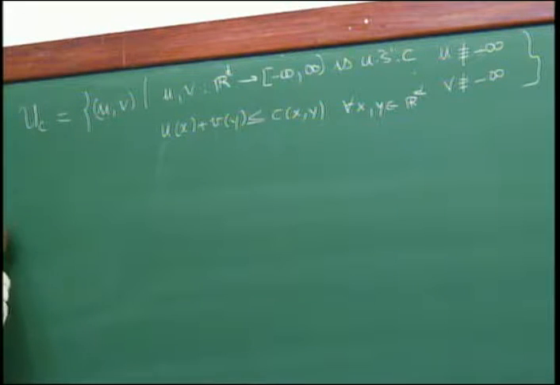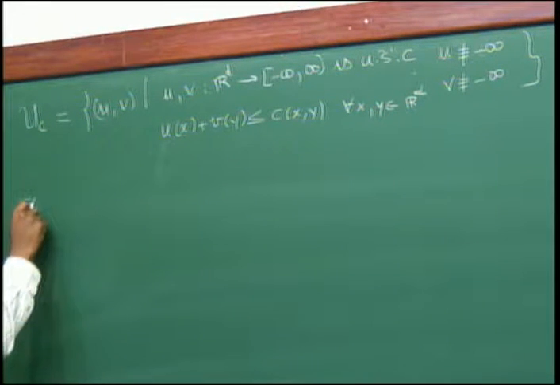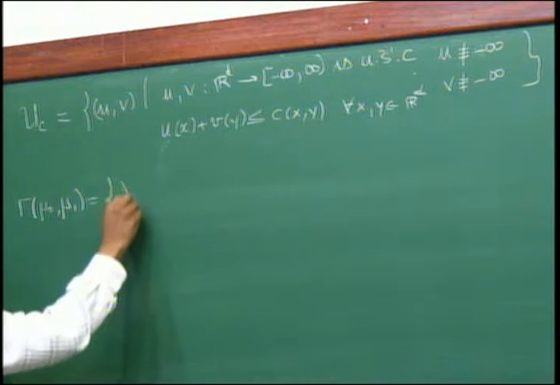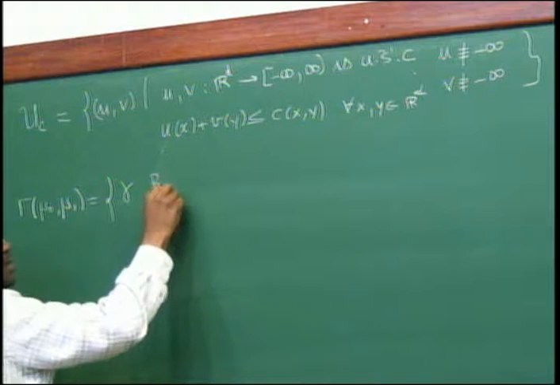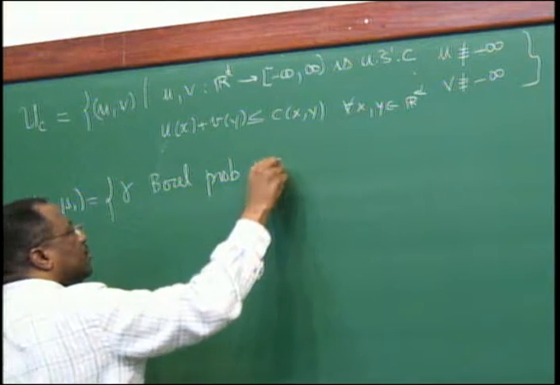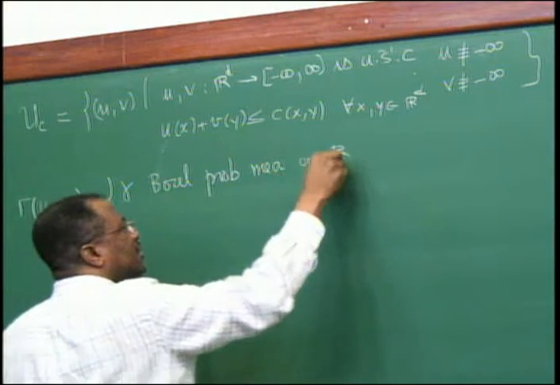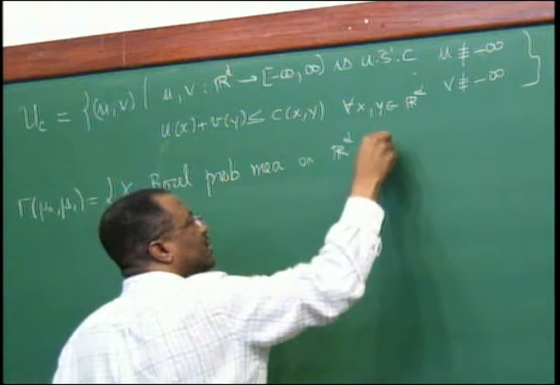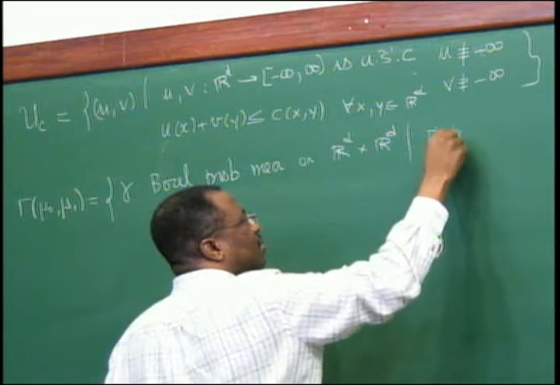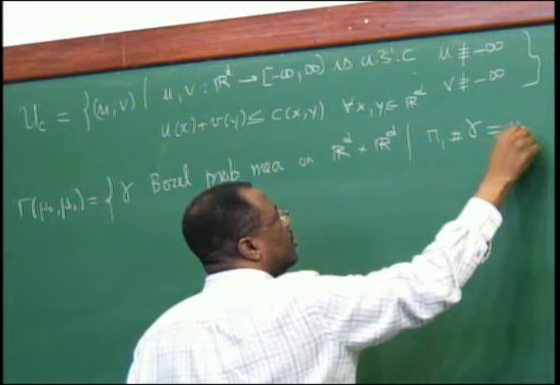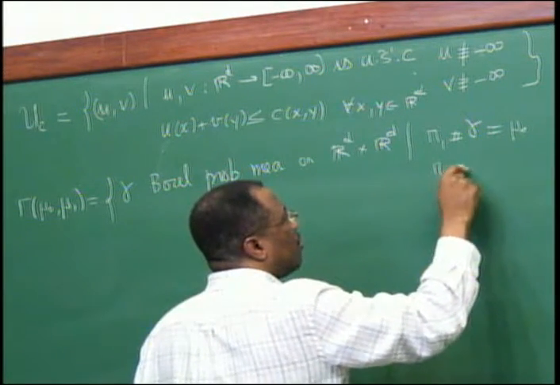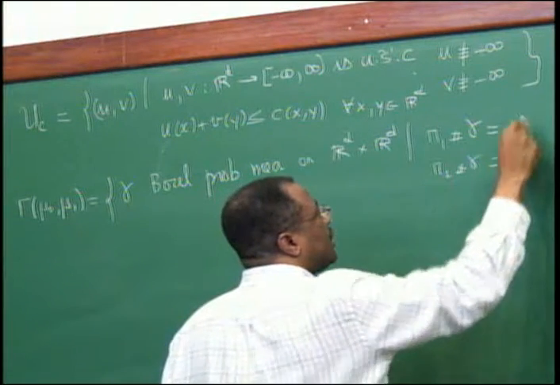So I'll also have gamma, mu naught, mu1. This is the set of gamma, Borel probability measure on Rd cross Rd, such that the first marginal of gamma is mu naught, and the second marginal of gamma is mu1.